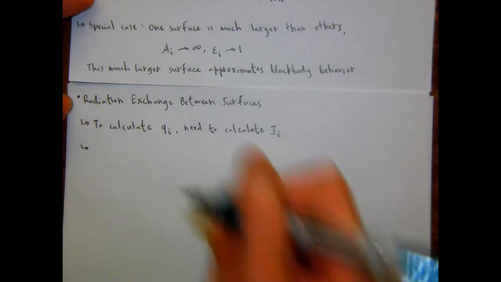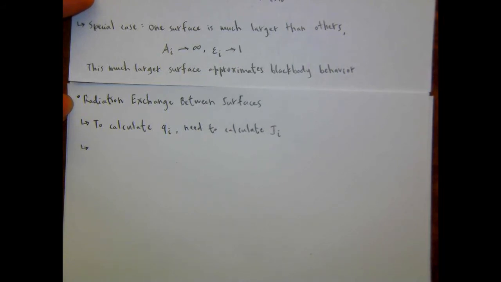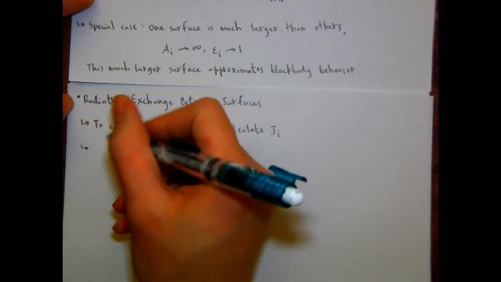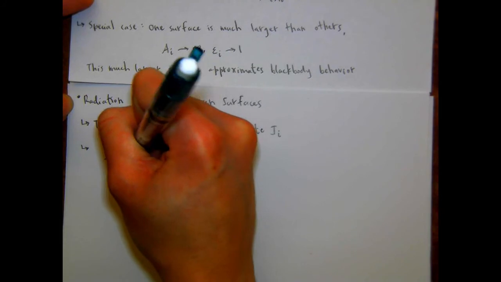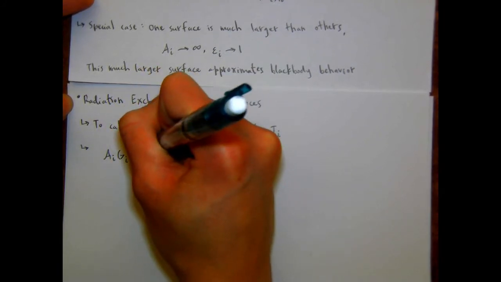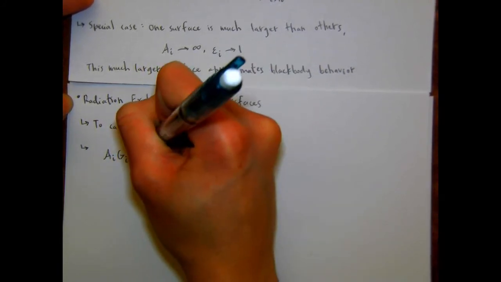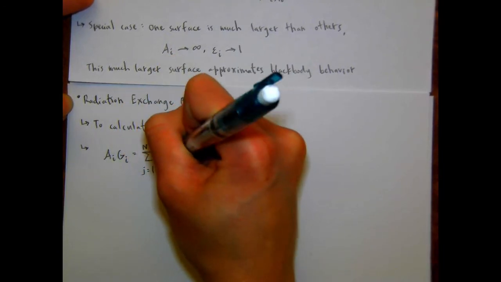And the reason we consider the radiation exchange between all of the surfaces is that for one surface, the irradiation on that surface is equal to the sum of the radiosity from all of the other surfaces that impacts that one surface. So we can relate this irradiation from each of the different surfaces to the radiosity. So I'll write this down and hopefully it'll make a little more sense.